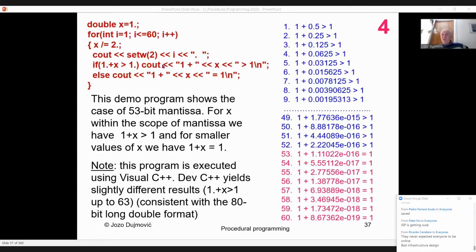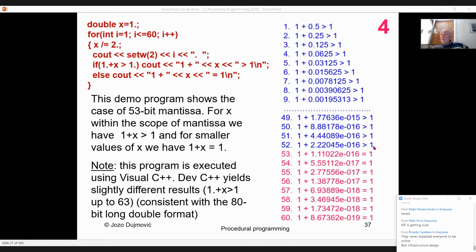Otherwise, I am going to say that it is not greater. And this little program you can write for your compiler, for the language that you prefer. You're always going to get that 1 plus 0.5, of course, is greater than 1. 1 plus 0.25 greater than 1.